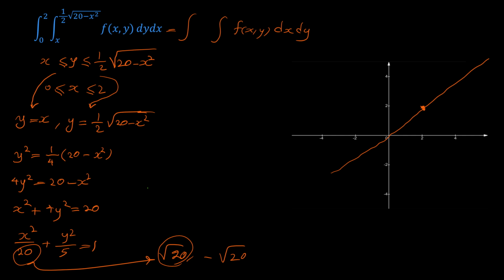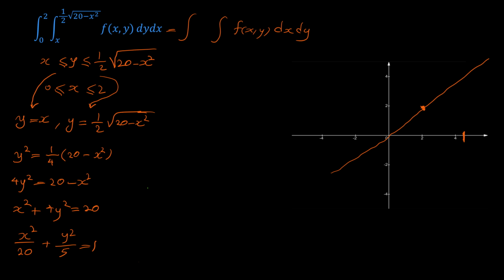The square root of 16 is 4. The square root of 25 is 5. So the square root of 20 should be between them, something between 4 and 5, and it's almost in the middle. So 4.5. So this is an ellipse that intersects the x-axis at the square root of 20, which is almost 4.5, somewhere here.